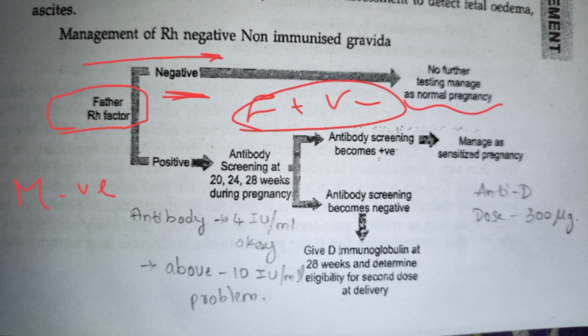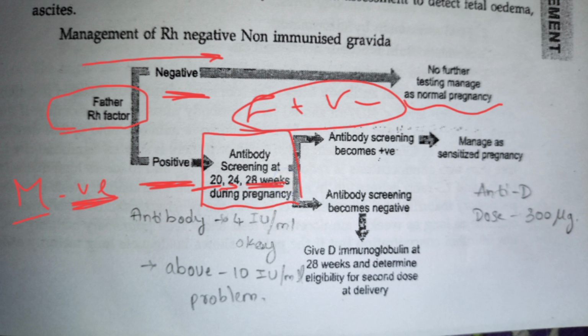If, for example, the mother has negative Rh and the father has positive, then at the time of pregnancy, the routine checkup will go on monthly, right? At that time, the screenings will be performed. The first screening will be around the 20th week, next the 24th week, next the 28th week.